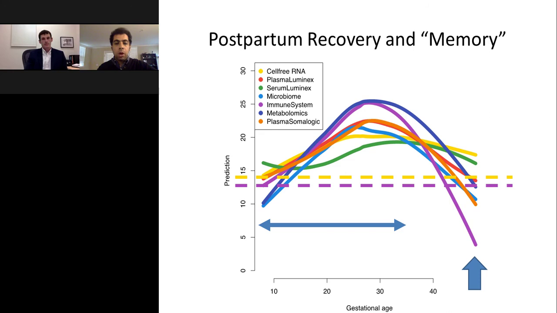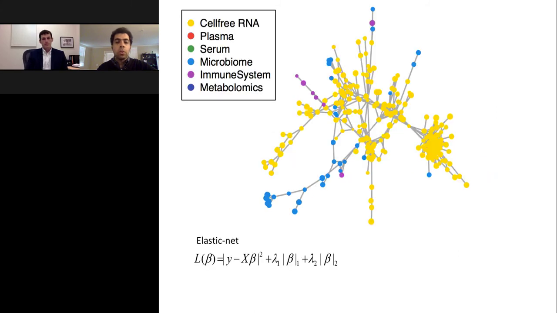Now, if we take these models and combine them together and look at the final outcome, this is the correlation graph. The graph mostly consists of measurements from cell-free RNA and microbiome. This was a little bit surprising to us, but it turns out that that's happening because these data sets have a significantly larger number of measurements.